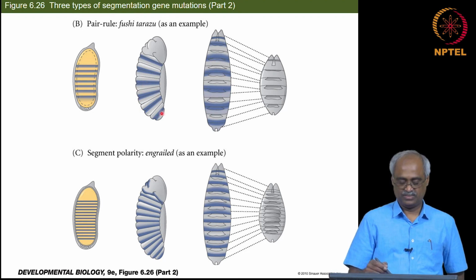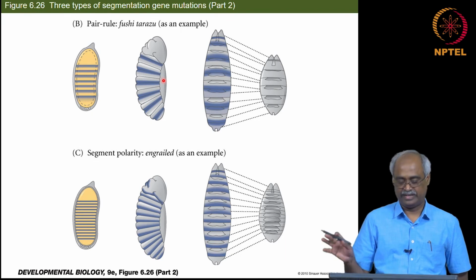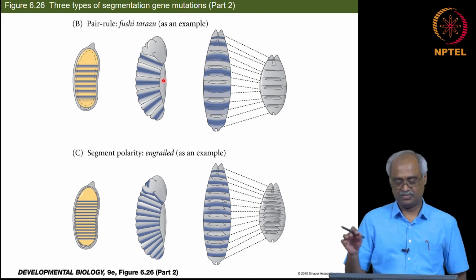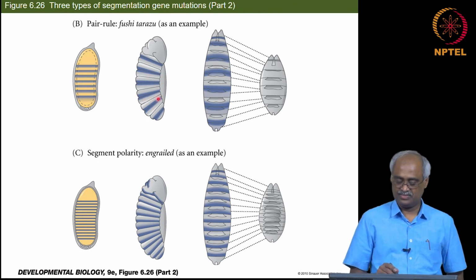So it is expressed in that region. This is called a parasegment, and we are running out of time. Parasegments I will explain in the next class, what is a segment and what is a parasegment, but right now all you need to focus on is this.